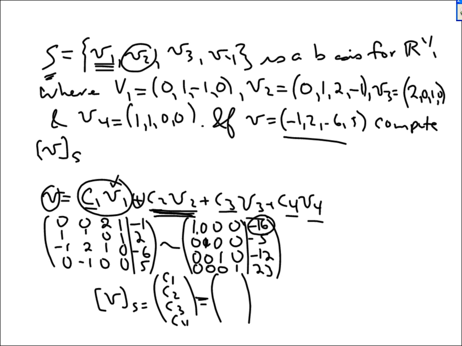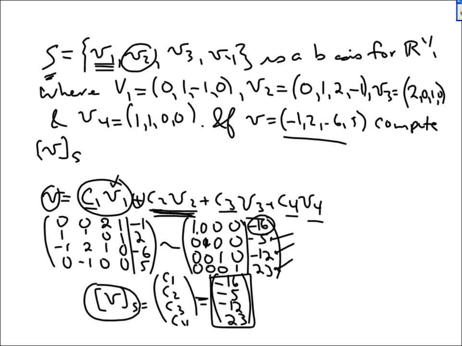So that's C1, that's C2, that's C3, and that's C4. So it's -16, -5, -12, 23. That is the coordinate vector for V with respect to the basis S.